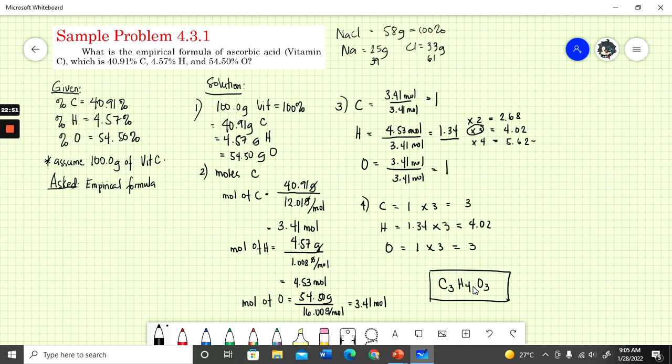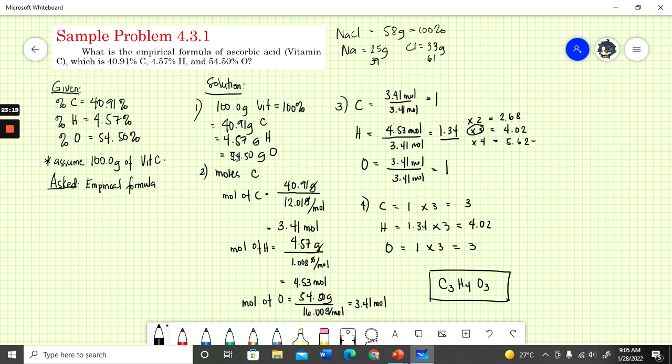So let's have a quick review. First, you want to know the percent composition of each element in your compound. And then assume you have 100% or 100 grams of that specific compound. And that is important because it will quickly give you the grams of each individual atom in your compound by just taking the percent composition and making it grams.